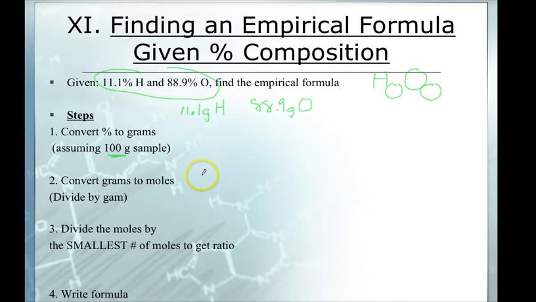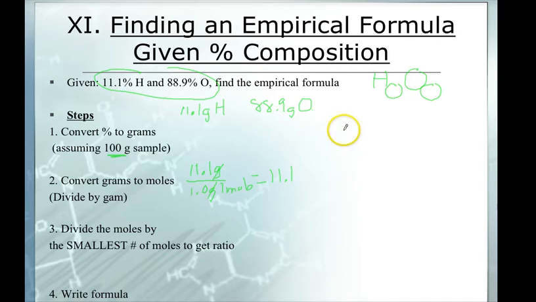Now I'm going to convert these numbers to moles. I'm going to take the 11.1 grams and divide it by the mass of hydrogen from the table, which is 1.0 grams in a mole. Grams cancel out and you're going to be left with 11.1 moles.